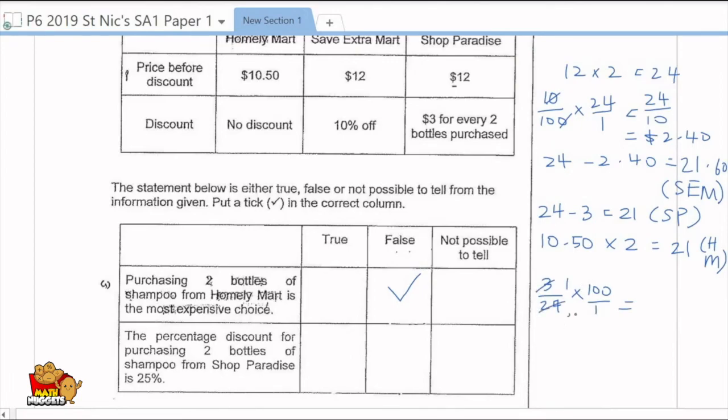This is 1 over 8, so this is 100 over 8, which I can simplify further to 12.5%. So the percentage discount is not 25%. It is only 12.5%. And this statement is false as well.